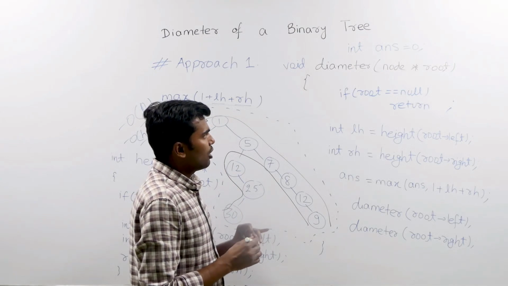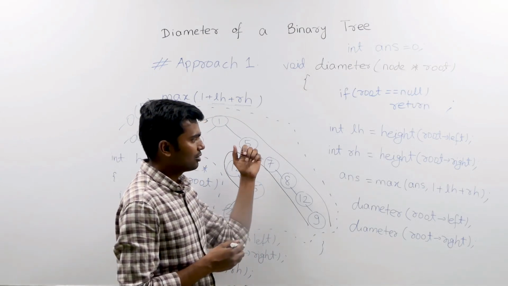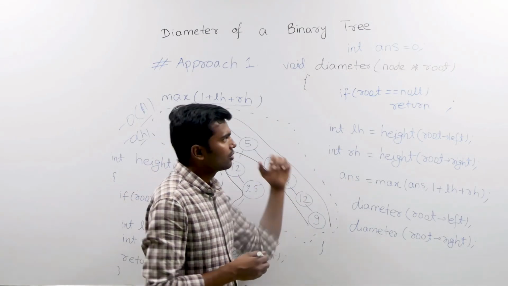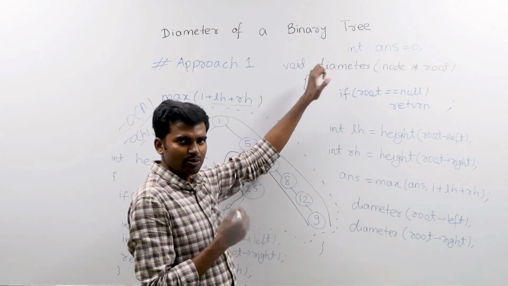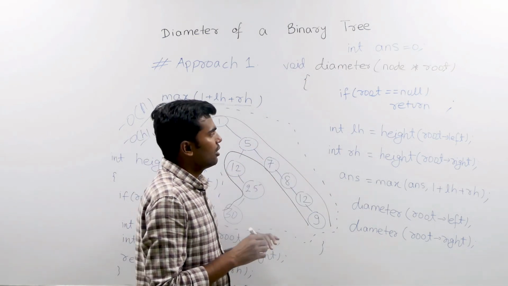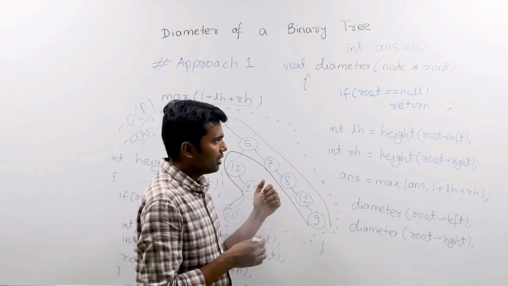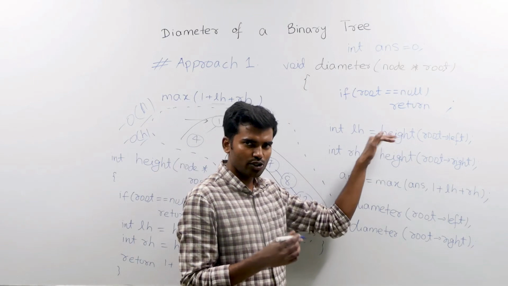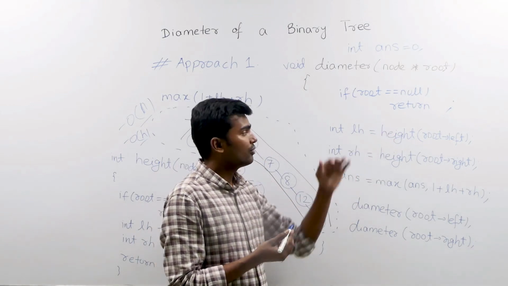Okay, so let's talk about the time and space complexity of this function. This function will be called n times because it is going to every node of the binary tree. And at every node we are calling another function, the height function, which will again take big O of n time.